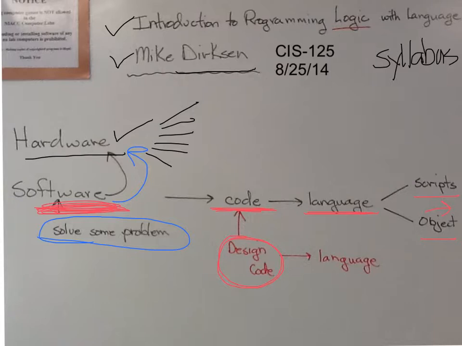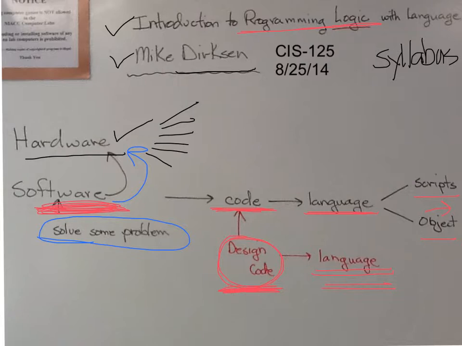That's our thrust, programming logic. We're going to use some language or multiple languages to test our code, but the idea is you can design a solution and then apply it to different languages in order to finally get an executable program that does what you want it to do.